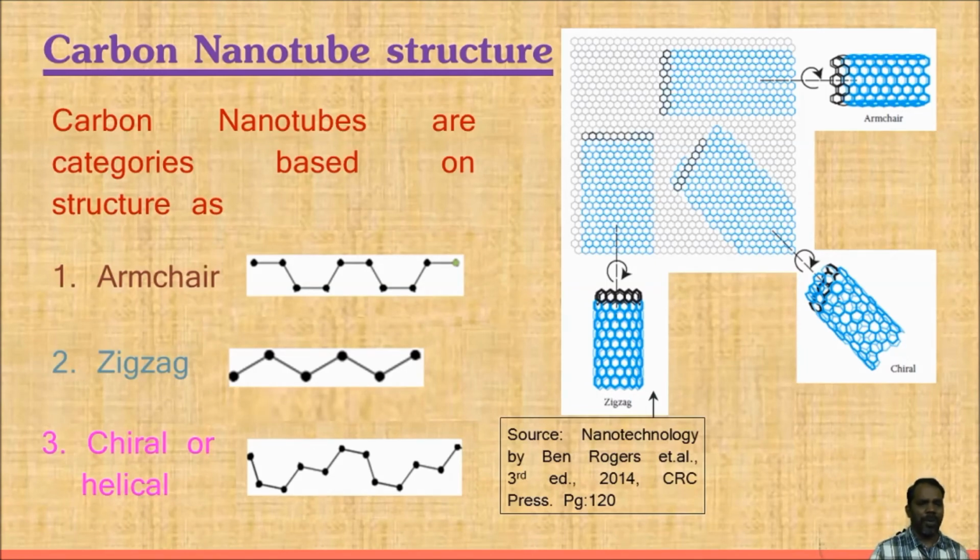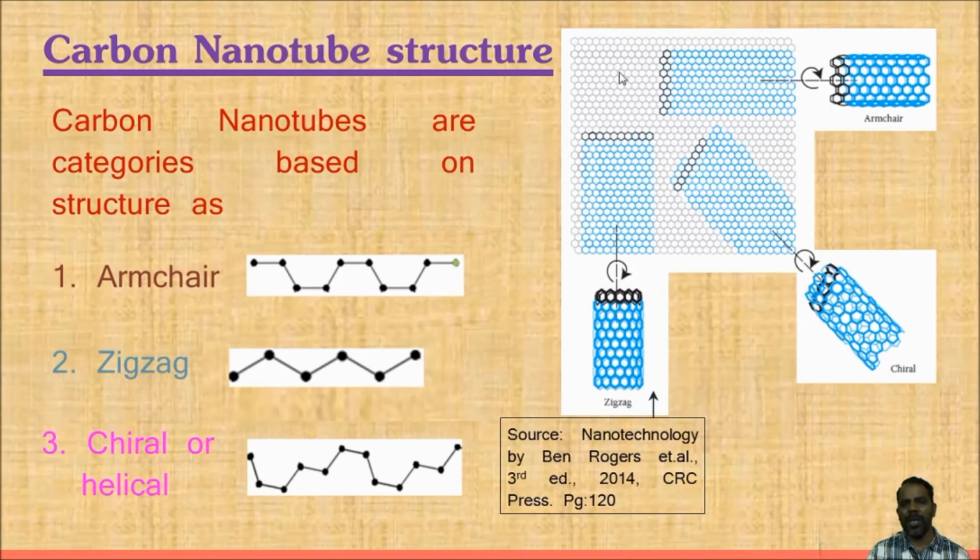Carbon nanotubes are categorized based on structure as armchair, zigzag and chiral. Suppose we take one graphene sheet and roll it along the x-axis, joining the upper and lower surface. We get the armchair carbon nanotube.